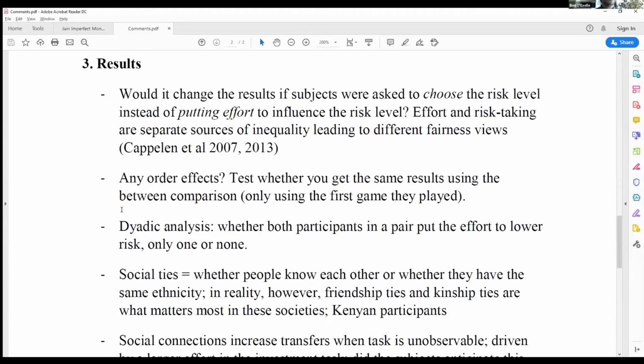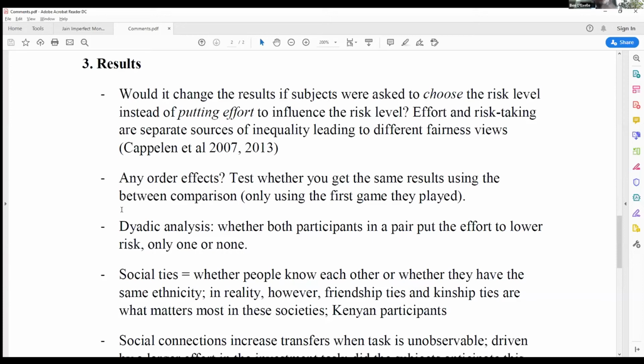The other thing you could do is dyadic analysis. The focus was really on the individual, how much they agree to share, but of course this relates to a pair of participants. So you could also look at the likelihood that both participants in a pair put the effort to lower risk, only one of them, or none of them.